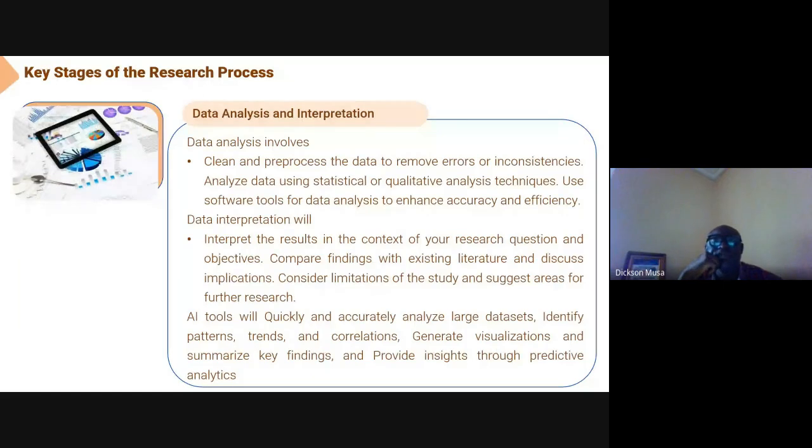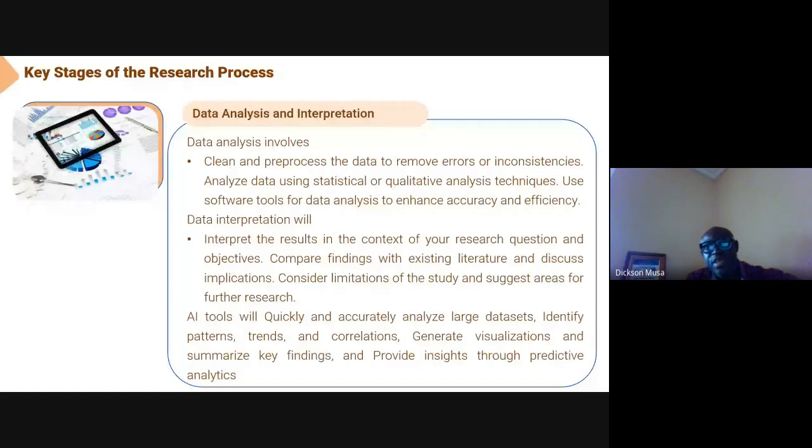Data analysis and interpretation is a very important key stage in the research process. After you have collected your data, you are expected to analyze your data. This is where you clean and pre-process the data to remove errors or inconsistencies, and analyze the data using statistical or qualitative analysis techniques, or the use of software to enhance accuracy and efficiency. Data interpretation helps to interpret the results in the context of your research question and your research objectives.